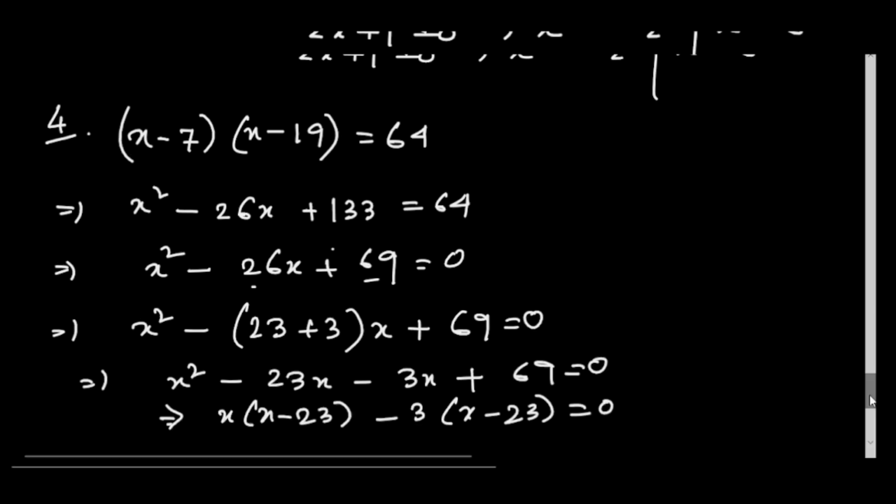Now this x − 23 we can take common, so it will become (x − 23)(x − 3) = 0. So either x − 3 = 0, that means x = 3, or x − 23 = 0, or x = 23. So this is our solution, x equals 3 or 23.